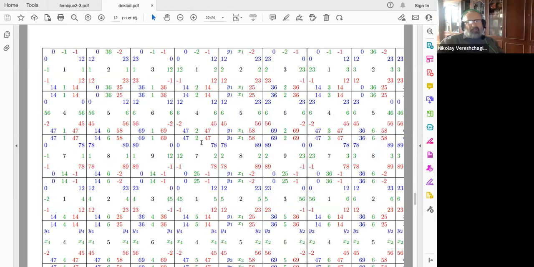So here on this picture, I have drawn some of these descendants. For example, in the upper left corner, we have some particular tile of type 1, which is actually the first child of the initial tile.